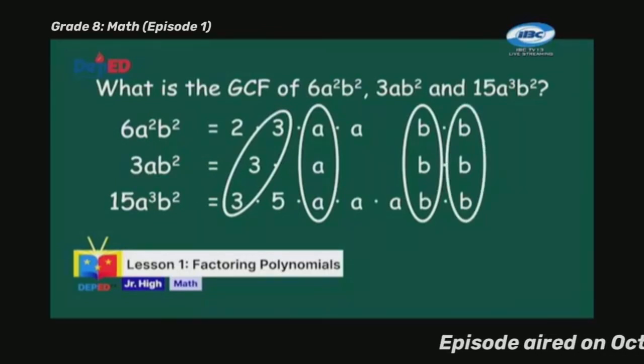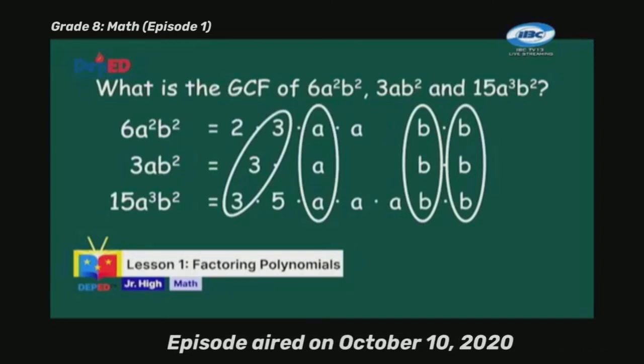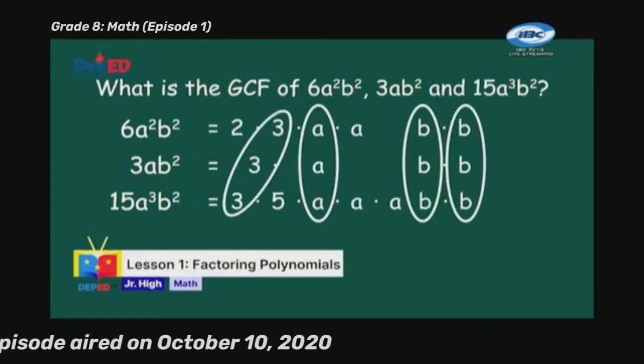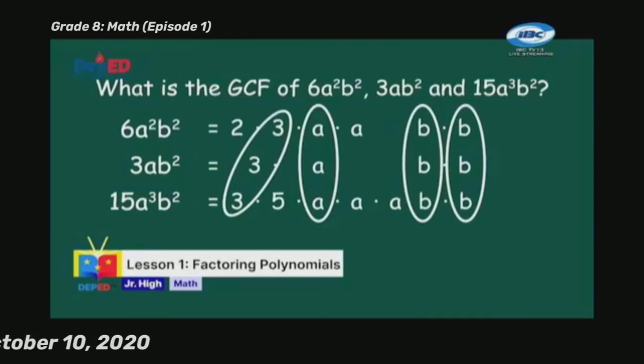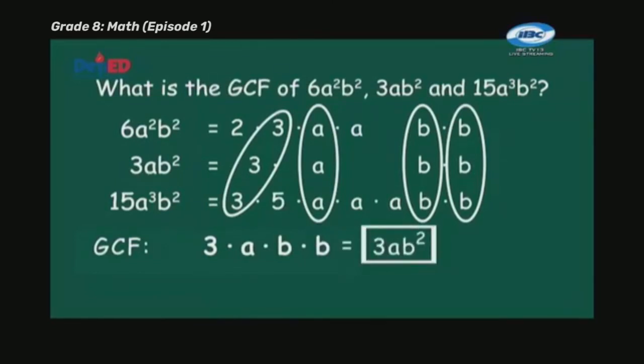And lastly, we write the product of these factors. What would be our final answer? The greatest common factor of the expressions 6a squared b squared, 3ab squared, and 15a cubed b squared is the product 3 times a times b times b, which is 3ab squared.